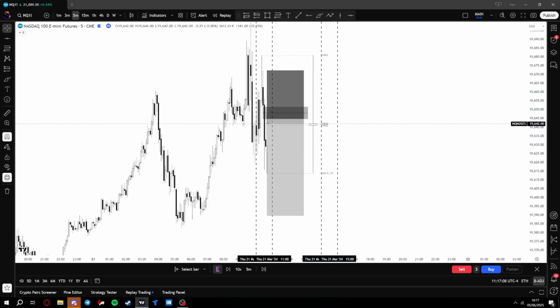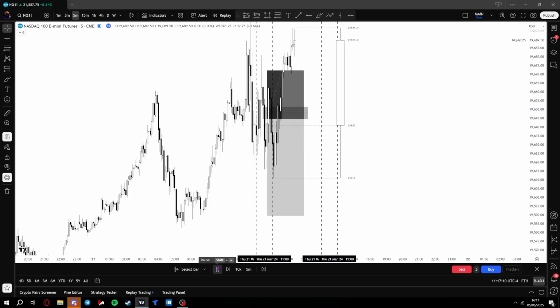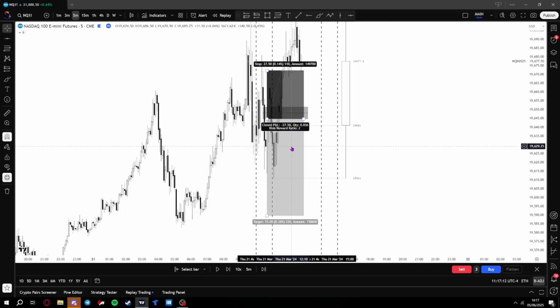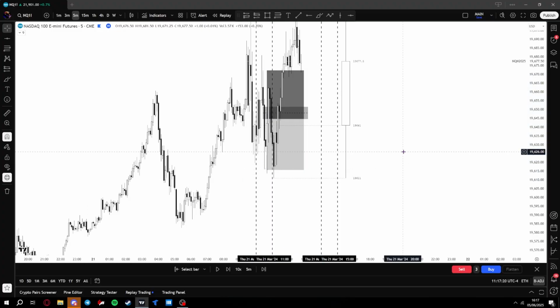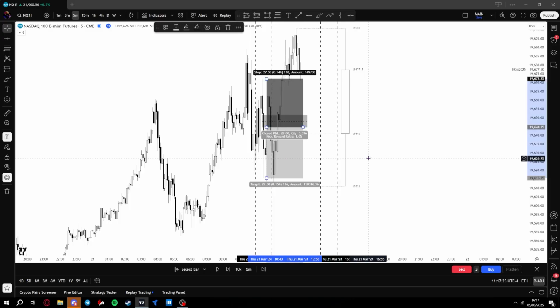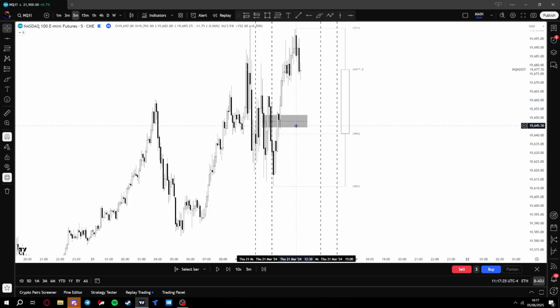See how this plays out. Okay, got stopped, but that's fine. Honestly, you probably should have targeted more like down here by this low. That would have been a better entry instead of just a fixed 1 to 2.